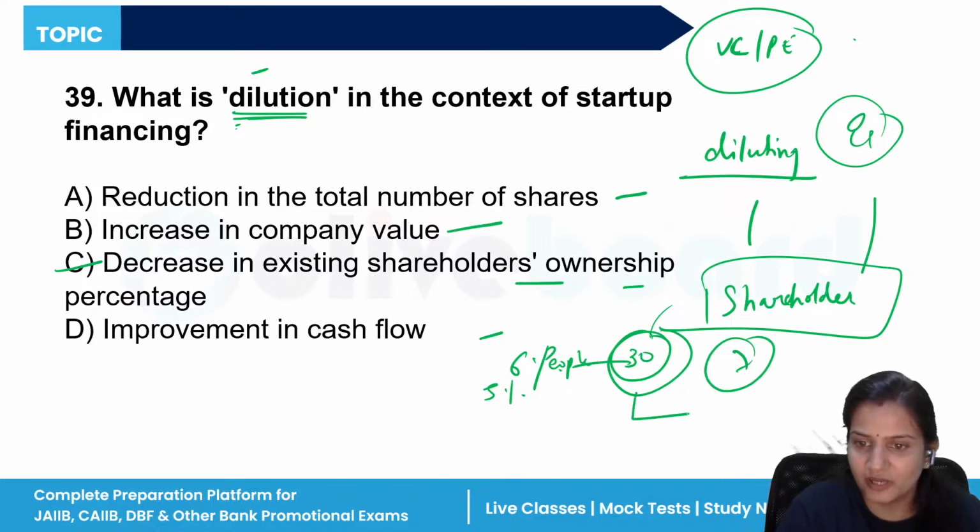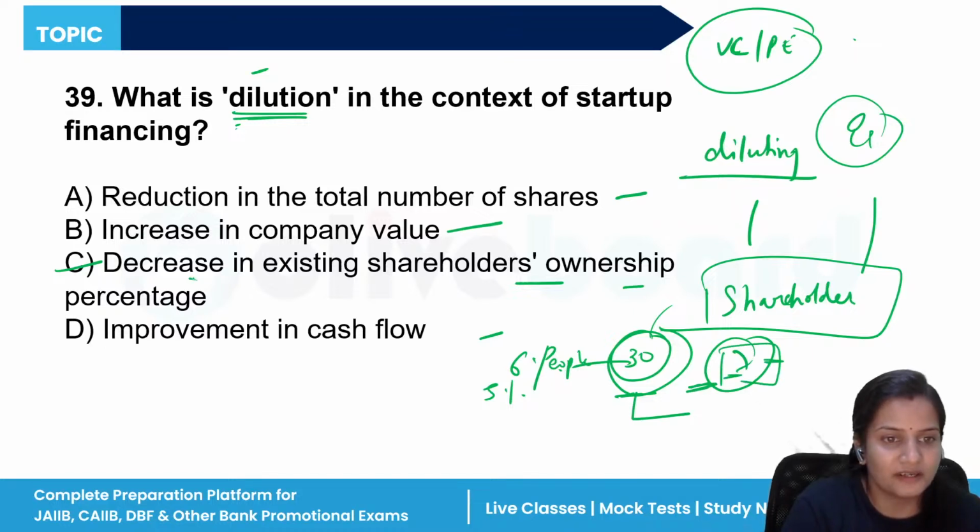So I have to decrease my ownership percentage in order to give some ownership to this seventh person. So it is a decrease in the existing shareholders' ownership percentage. Clear? Option C will be the correct answer.